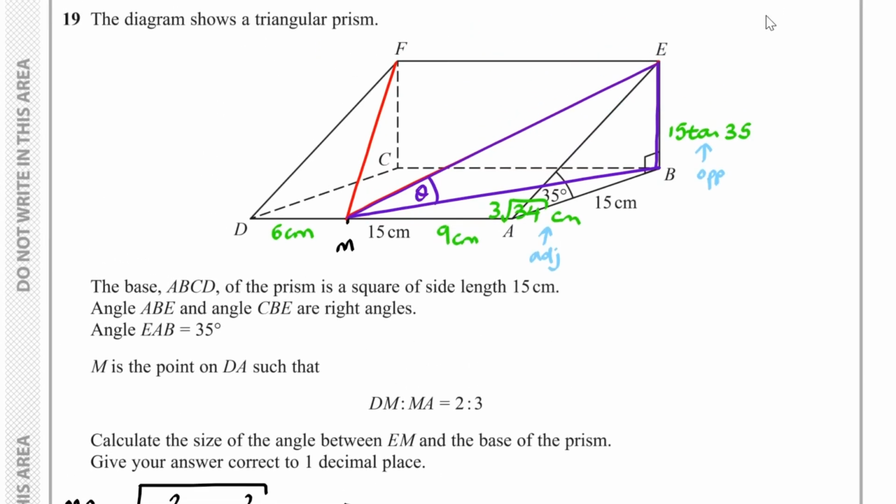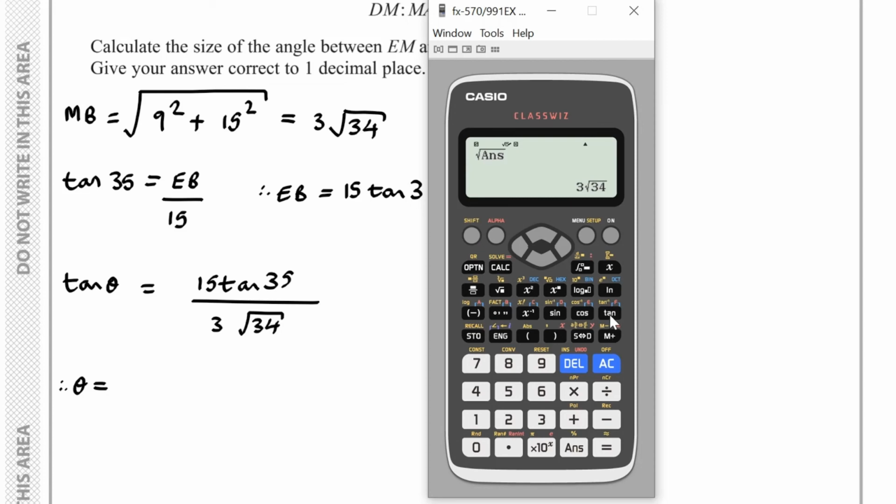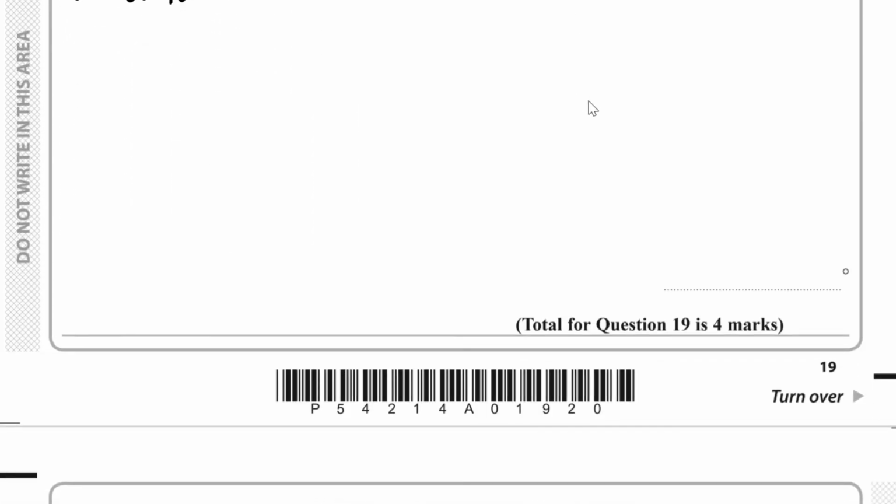Let's get rid of these annotations. With that, we can work out the angle theta. So theta is going to equal the inverse tan of 15 tan 35 divided by 3 root 34, which is 30.98, which to one decimal place is 31.0.